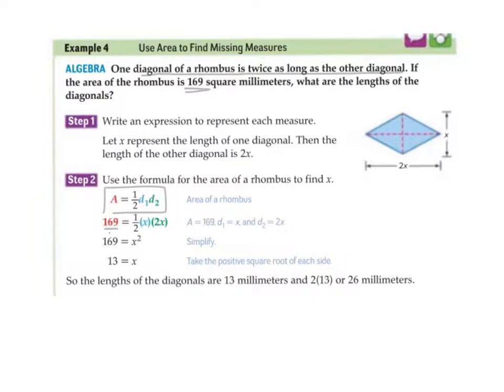Well, if you make D1 x, and don't forget the other length needs to be twice as long, so this needs to be 2x. So when you multiply them all together, you've got an x times 2x is 2x squared. A half of 2x squared is just x squared, and then you square root your answer. So x must be 13, so this must be 13, and 2 times the 13, that means that must be 26.